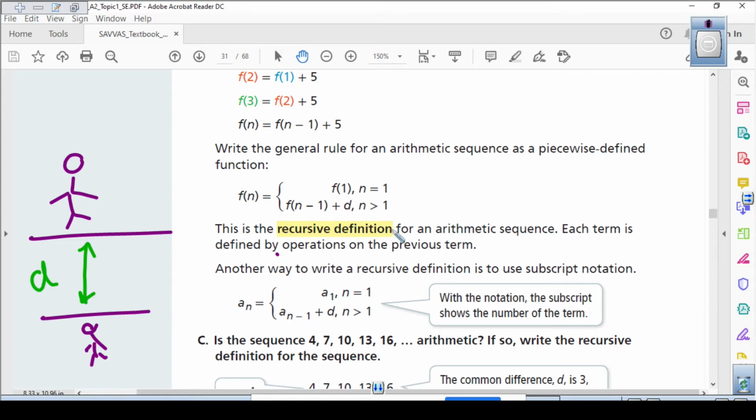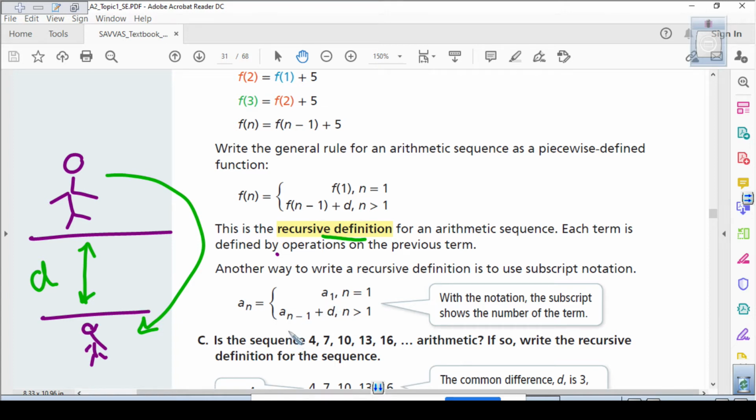So how do you do the recursive definition? It says each term is defined by the operation of the previous term. Basically, if you're standing in line, you have to look at the person behind you, and then you add the difference between you and them. The definition of the recursive is written like this: a sub 1, the first item.